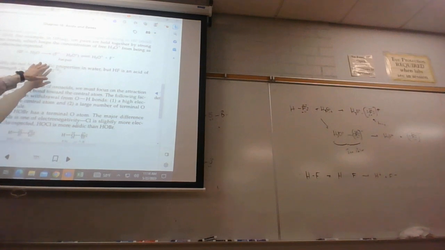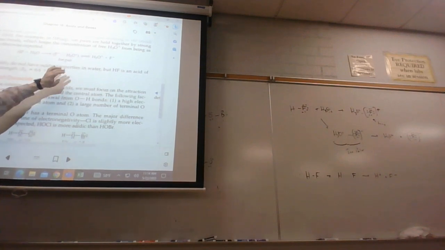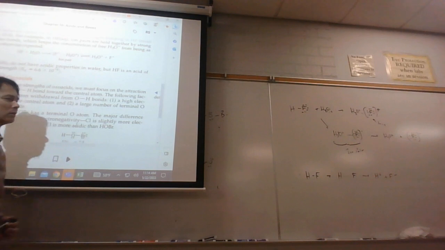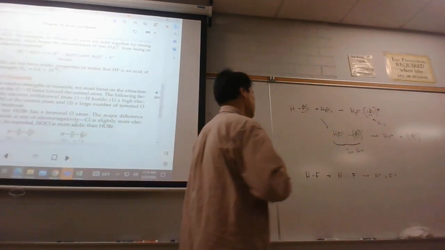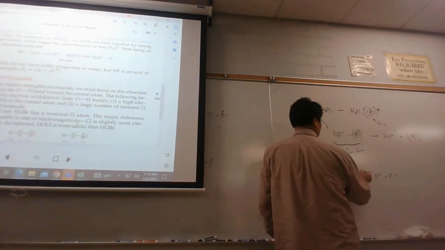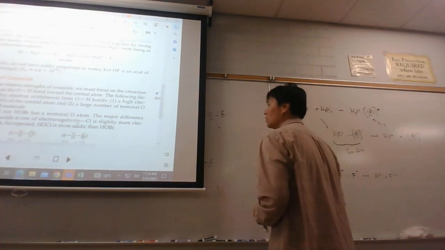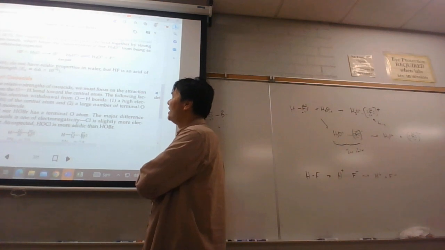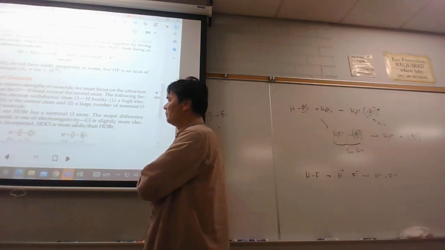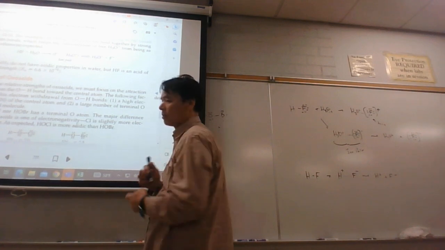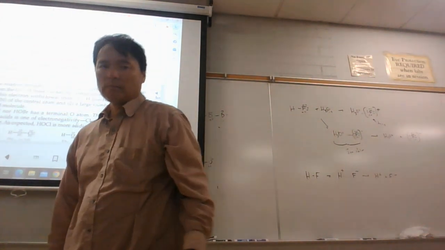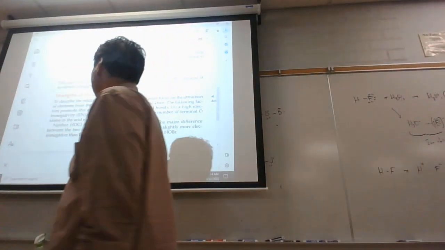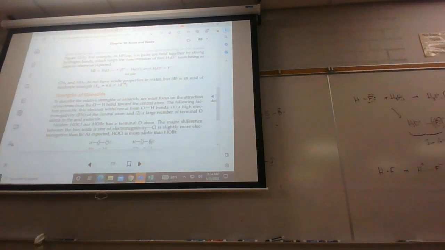So it's showing the ion pair here, where they're kind of stuck to each other. And so it's just starting to break off here. It hasn't completely. We'll put charges on that. And so this is why HF is an exception. It's because of this ion pairing, we need additional collisions to break it. All right, so let's take a look at some acids and then try to understand them.